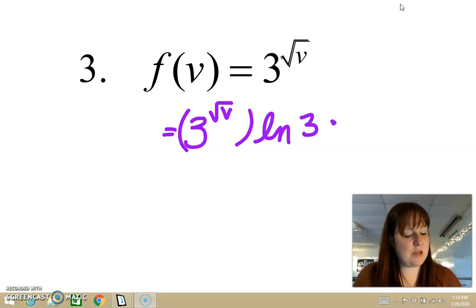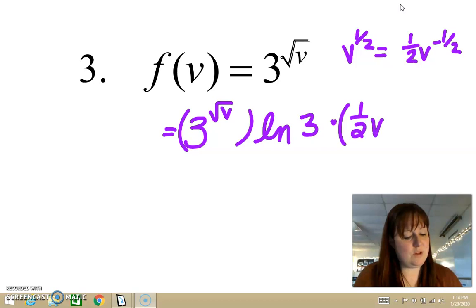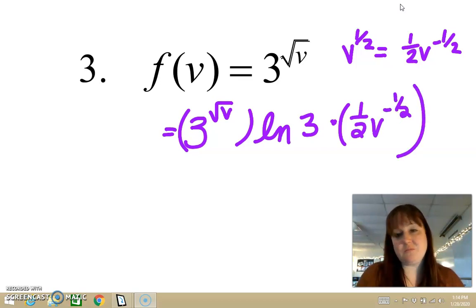And then we multiply it by the derivative of the inside function. The inside function is v to the 1/2, and the derivative of that is 1/2 v to the negative 1/2. So we multiply that by 1/2 v to the negative 1/2, and you're done. That's it. You could pretty it up a little bit and move it around, but you don't have to.